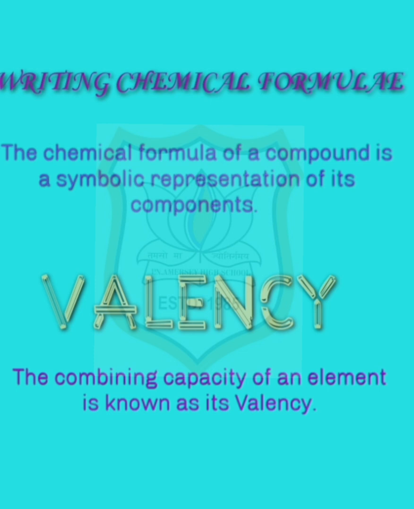The combining power or capacity of an element is known as its valency. Valency can be used to find out how the atoms of an element will combine with the atom or atoms of another element to form a chemical compound. The combination method depends on the valency factor.